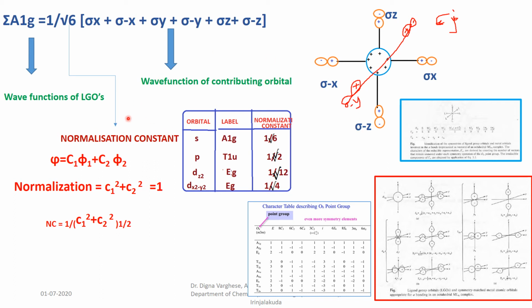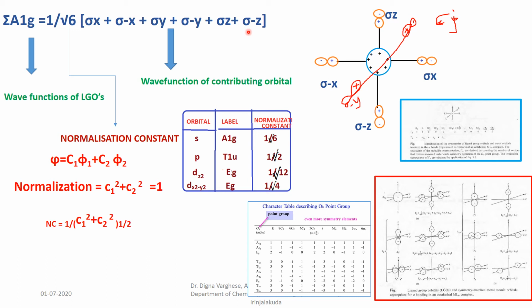We have to know that 1 by root 6 is the normalization constant, and we know psi is equal to C1 psi1 plus C2 psi2 as the general formula, and the normalization condition is C1 squared plus C2 squared should be equal to 1. In this case, 1 squared plus 1 squared plus 1 squared plus 1 squared plus 1 squared plus 1 squared is equal to 6, so it is not equal to 1.